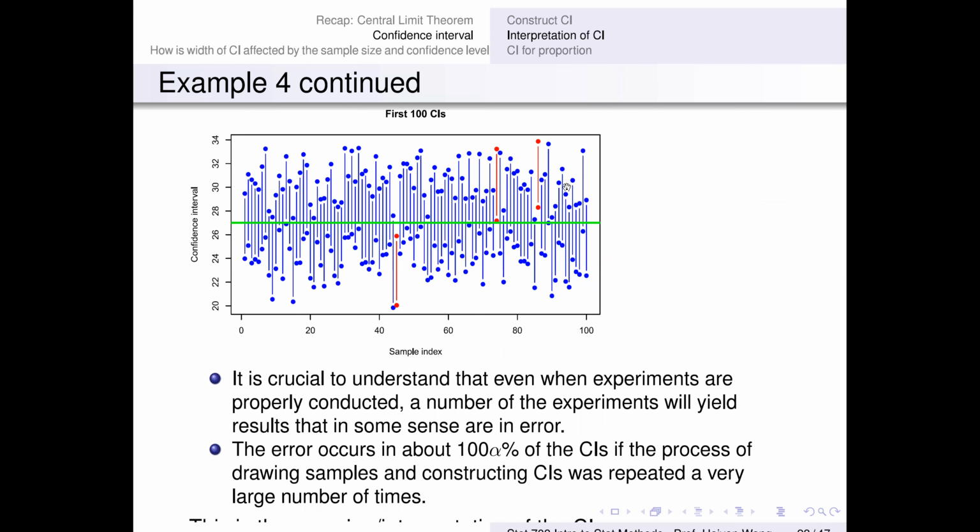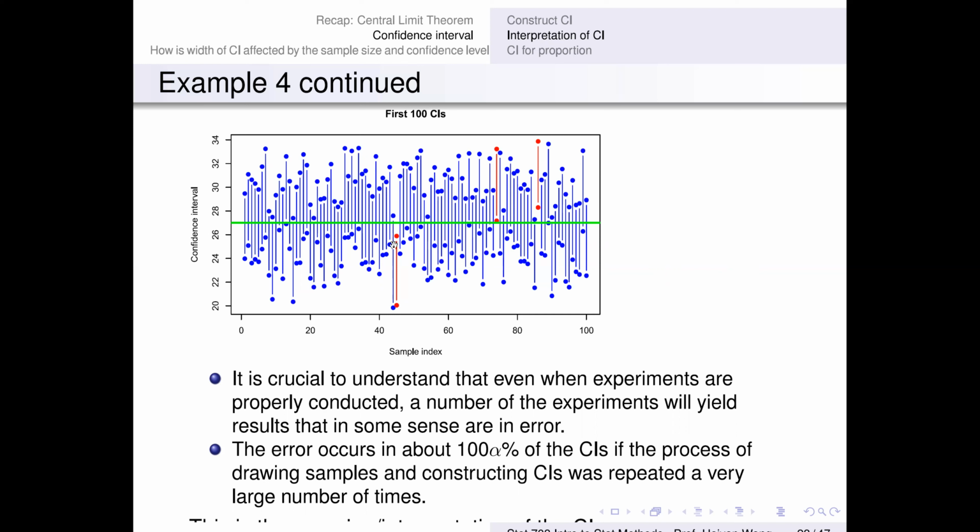Here, if I put all of them together, what I show is just 100 of those, so that they're not too cluttered to see. Each pair of dots represents an interval. For example, this red one starts around 20 and ends around 26. These are the lower bound and upper bound of the confidence interval.